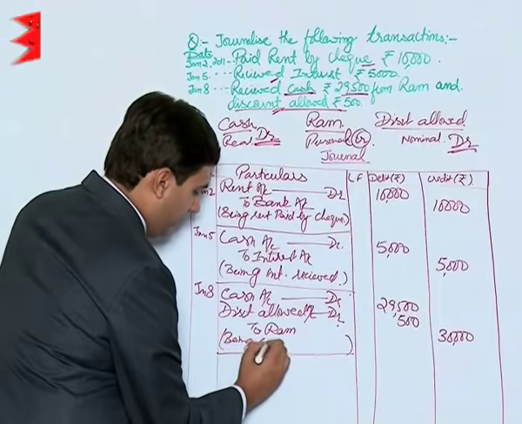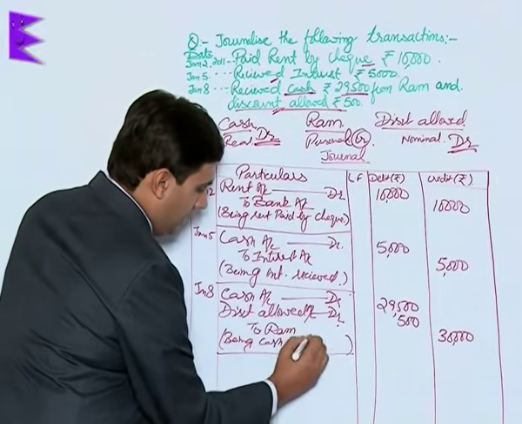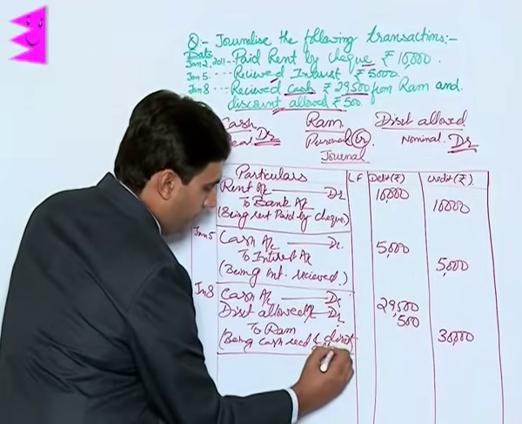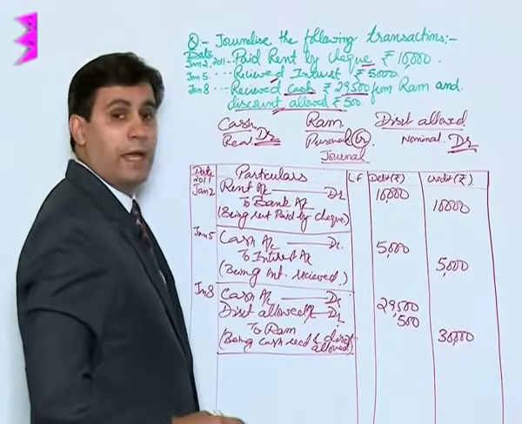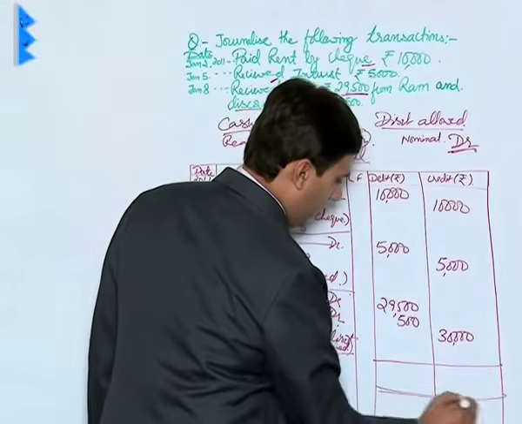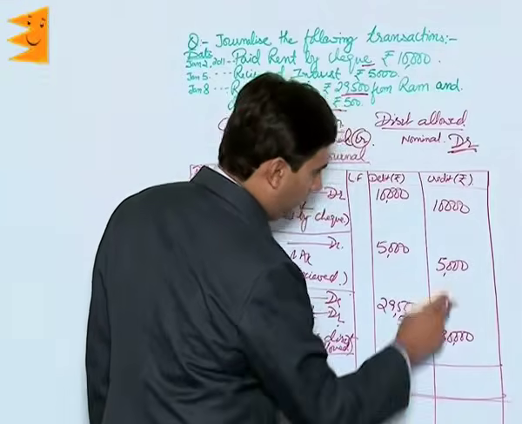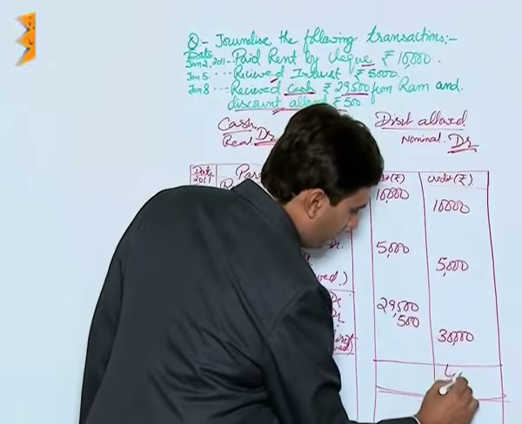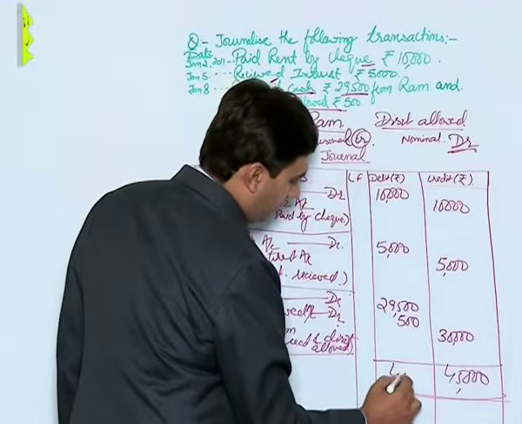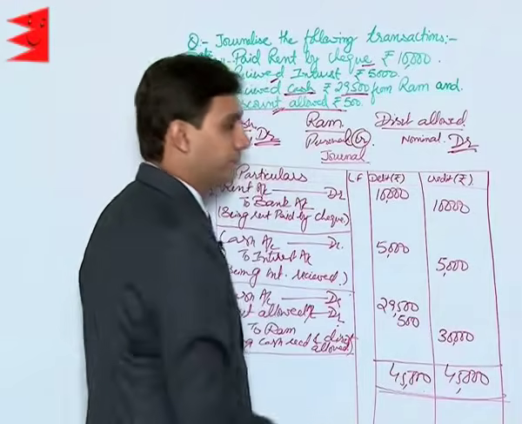Being cash received and discount allowed. And at the end, do make sure to total out the trial balance and verify that they are equal. This is 45,000 on the credit side and 45,000 on the debit side.